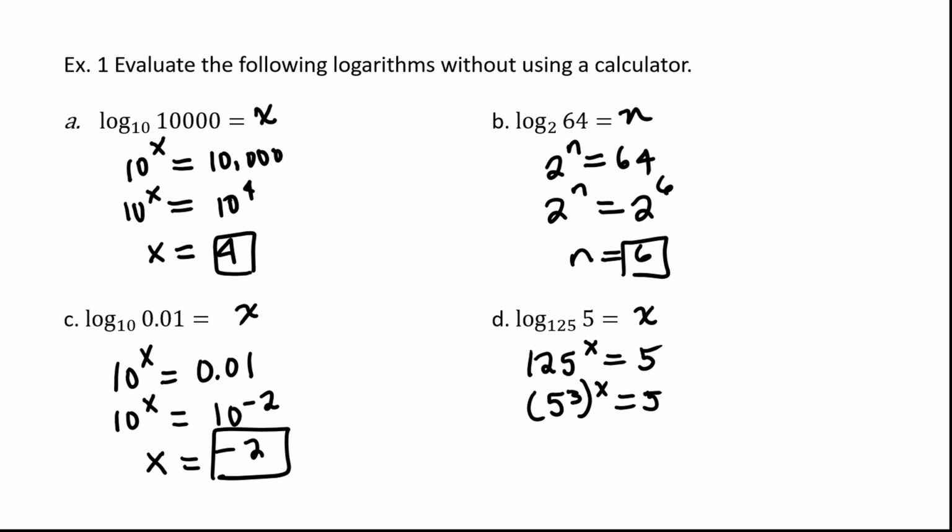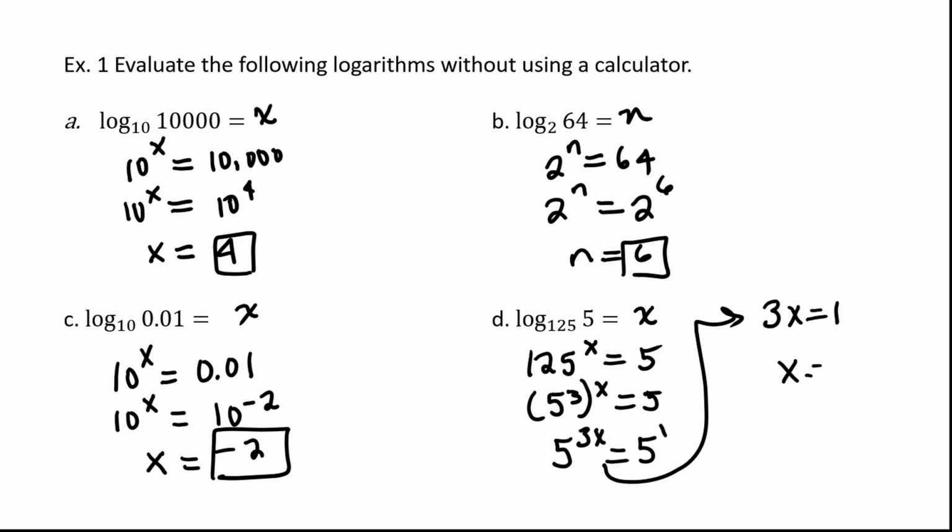Using exponent properties, we can write this as 5 to the 3x equals 5, which is 5 to the 1. Since the bases are equal, we can set the exponents equal to each other, and we get 3x equals 1. Solving for x is 1/3. And what this means is 125 raised to the 1/3 will give you 5.